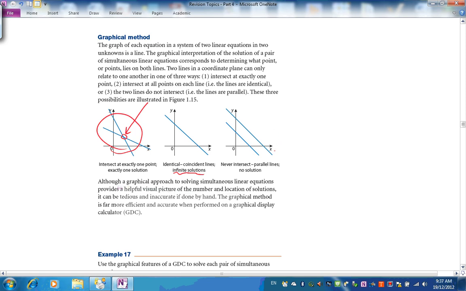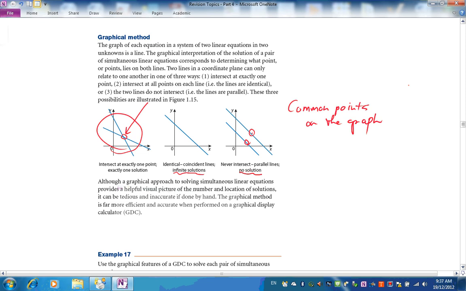If we had two parallel lines, there is no solution, because there's no point on this one which is also on this one. So what we're looking at with simultaneous linear equations is common points on the graph. Those common points must obey the rule, or the equation, for both lines.